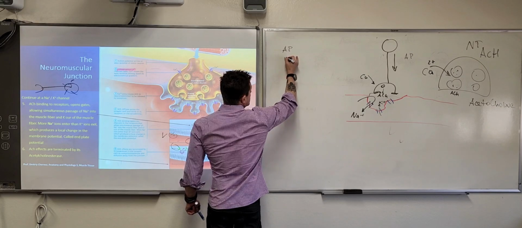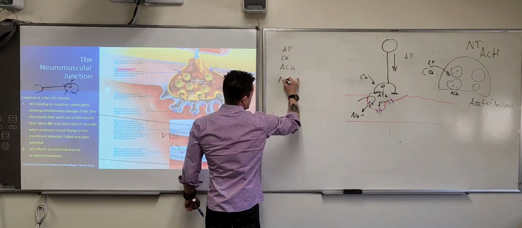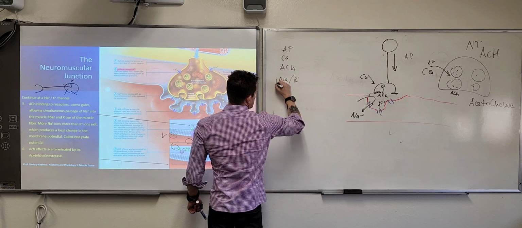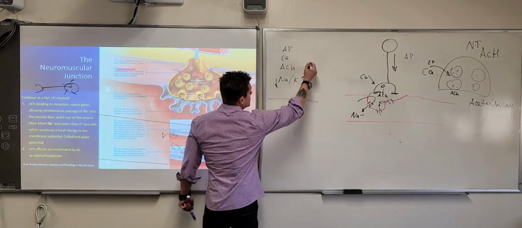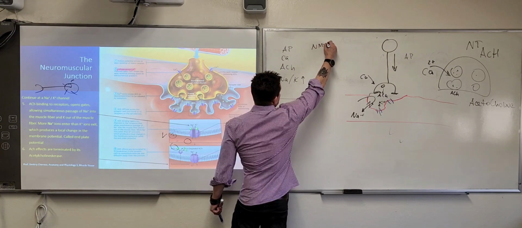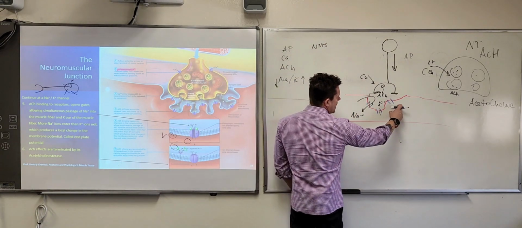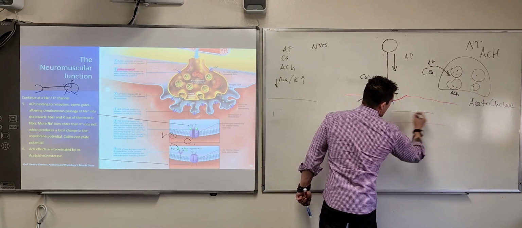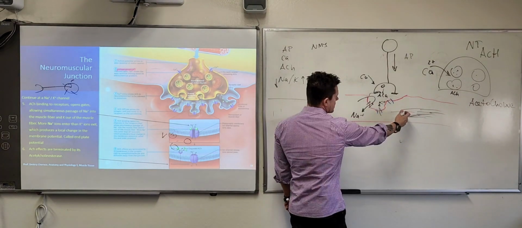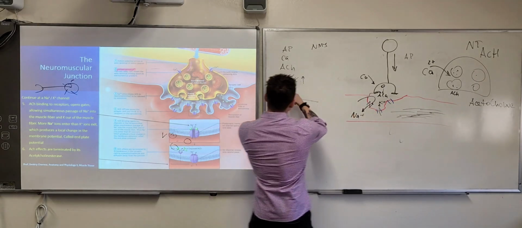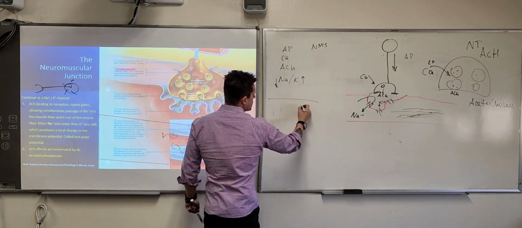Action potential, calcium, acetylcholine, and then there's an exchange: sodium inside, potassium outside. That's the neuromuscular junction, to initiate, to open these channels, because the myofibrils and filaments are here. This leads to step number 2, the power stroke.